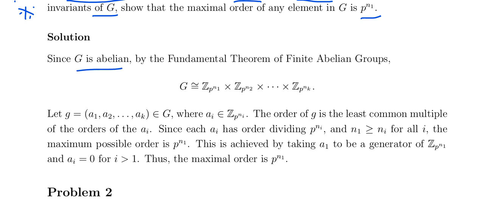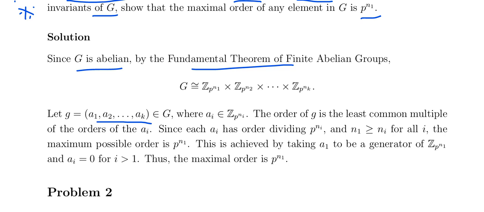G is abelian. What does the fundamental theorem of finite abelian groups say? G is isomorphic to Z p power n1, Z p power n2, up to Z p power nk. An element of G is of the form a1, a2, ak, where each ai belongs to Z p power ni. The order of the element is the least common multiple of the orders of the ai.